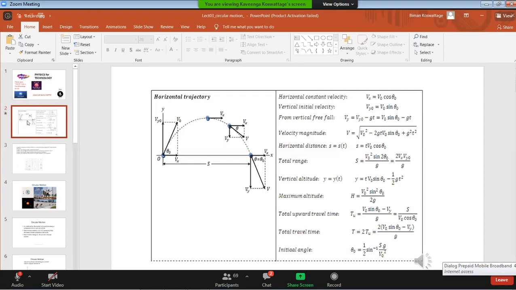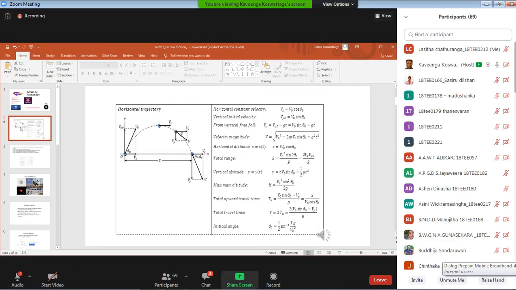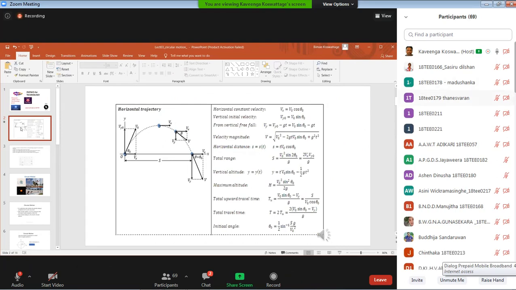In the case of the vertical axis, it is the motion of a freely falling object, and we have a gravitational acceleration to be considered in this particular motion. Then you can write your motion equations and find the parameters for this kind of motion.